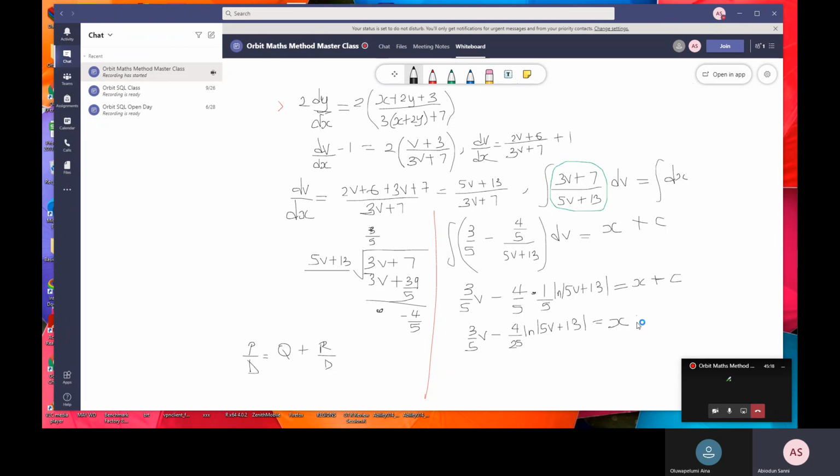But don't forget that what we are integrating is a function of x and y. So you have to substitute what v is, which is x plus 2y. After you make that substitution, that is all. So it's not something that is difficult at all.